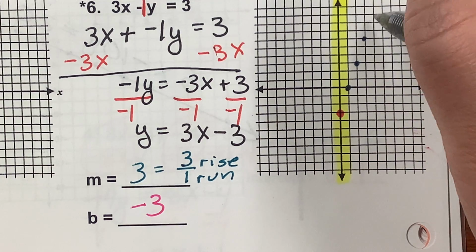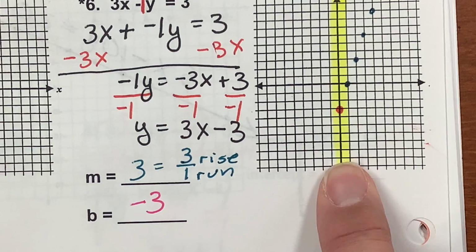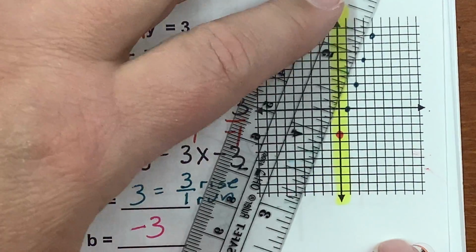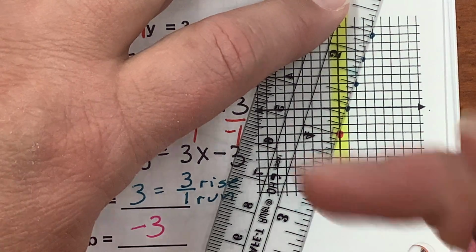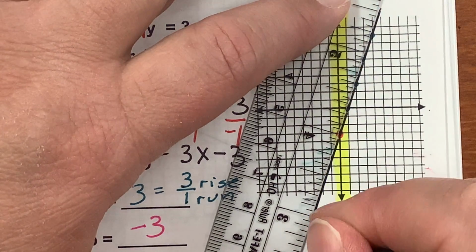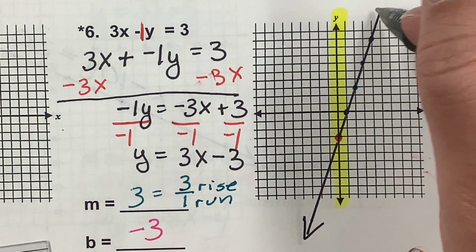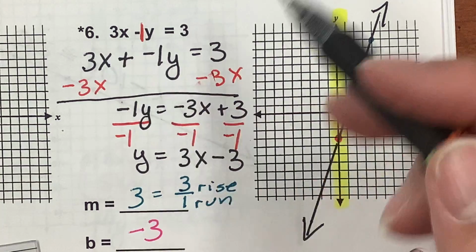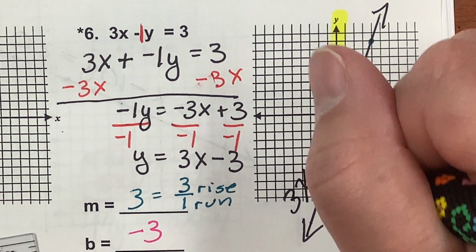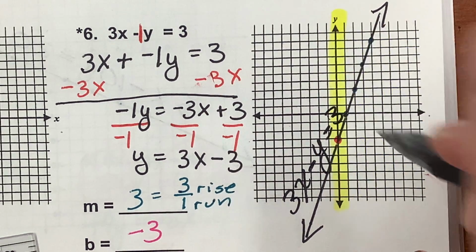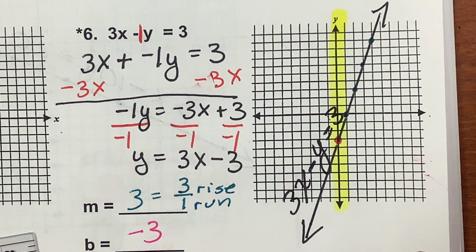Up 3, 1 to the right. And I have all of a sudden become lazy, and I'm not even going to do the dots on this side. Let's see. If I just connect the points that are here, all the way across the grid, arrows on both sides, original equation, 3x minus y equals 3, and it's perfect, it's beautiful, it's wonderful, it's done.